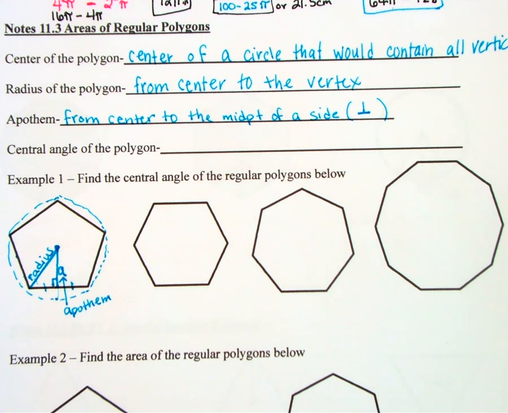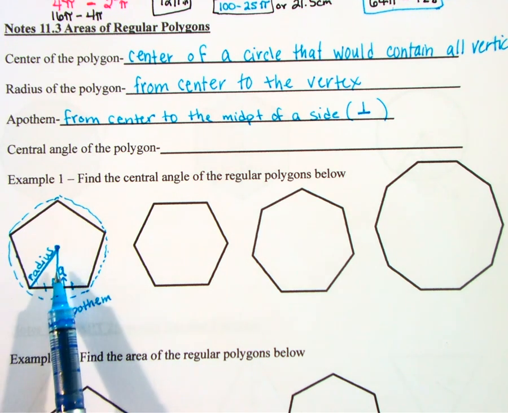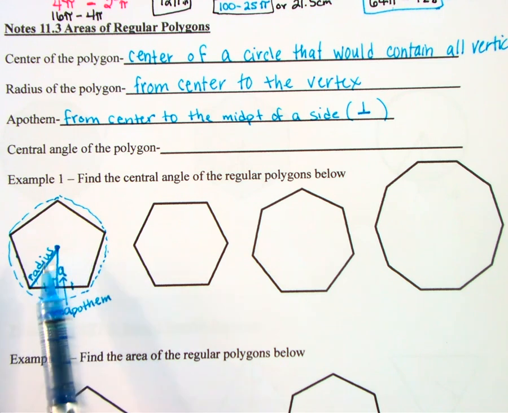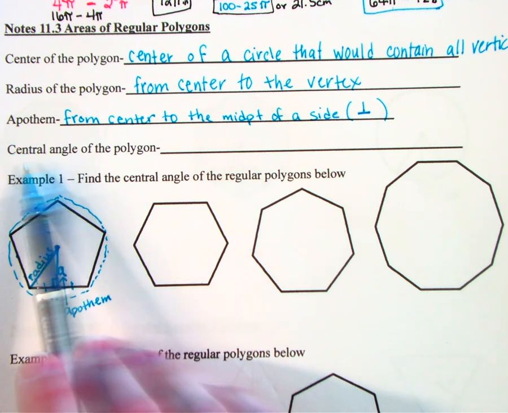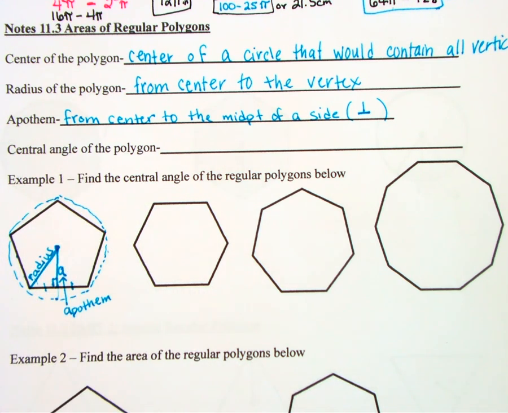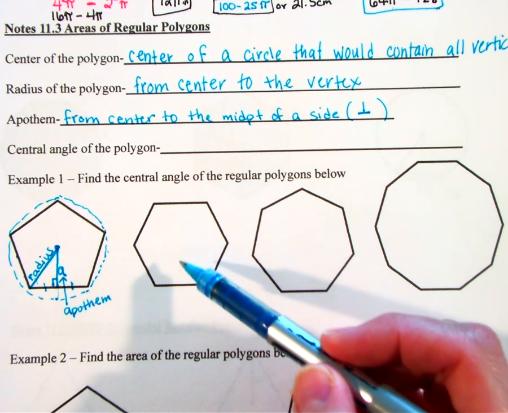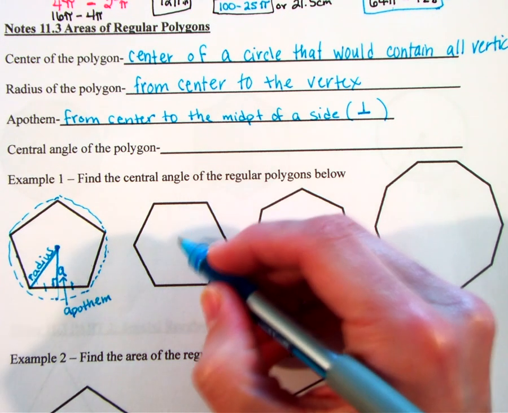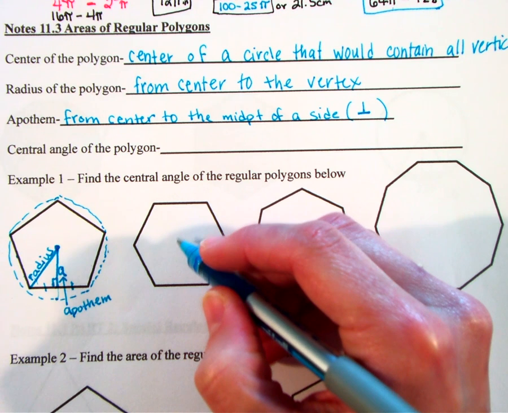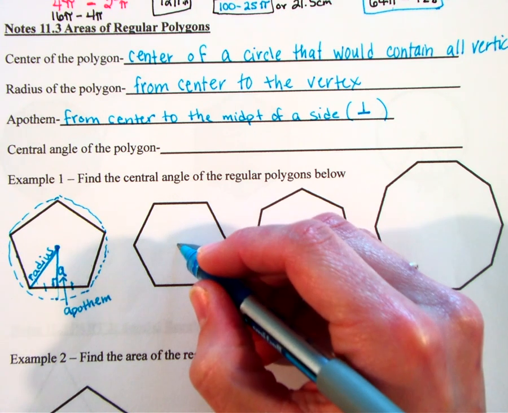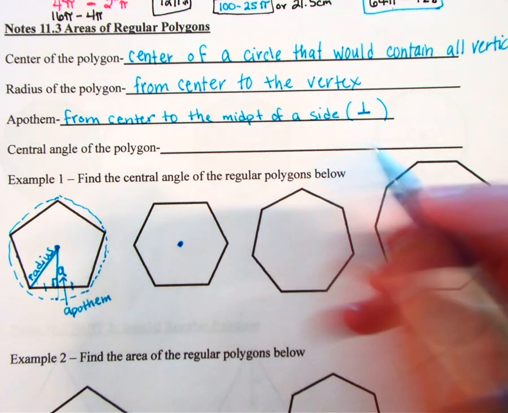Now, because I've kind of written all over this, it's going to be hard for me to show you the central angle of this particular polygon. So the next one is the central angle of a polygon. I'm going to come over to this one to show you the central angle. The central angle is the angle at the center, but more specifically, which angle at the center?